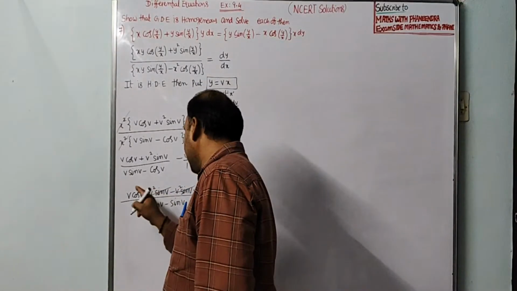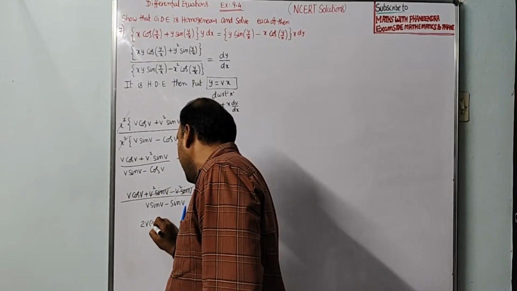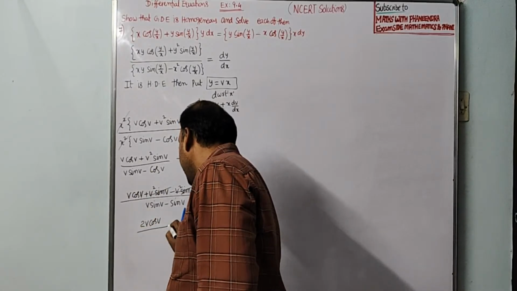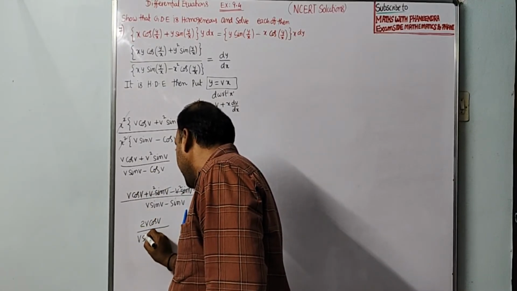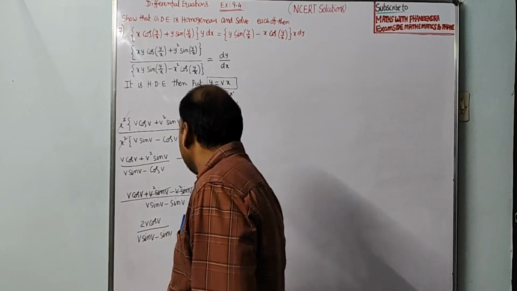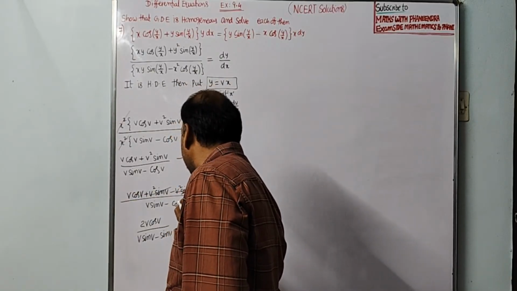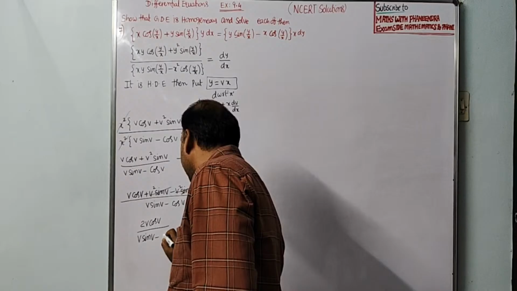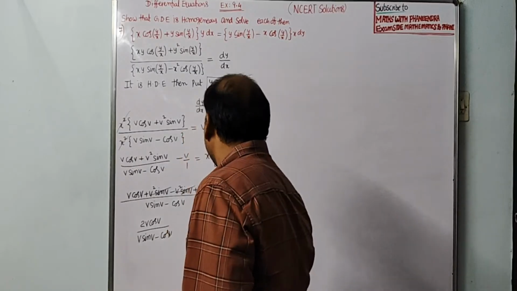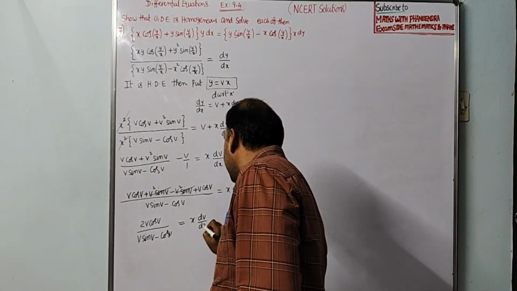After cancellation of these terms, v cos v plus v cos v, 2v cos v divided by v sin v minus cos v. After taking LCM, till there only I wrote now. Is equal to x into dv by dx.